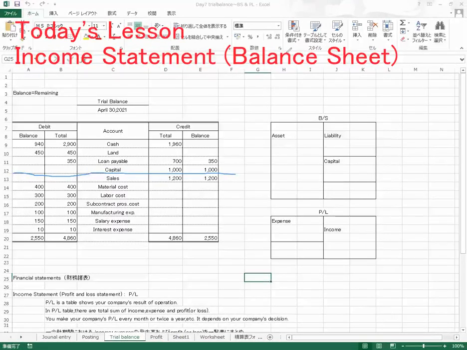In that case, sales. So from cash to capital is the components of the balance sheet. See, first, cash and land are assets, loan payable is a liability, and capital is equity.